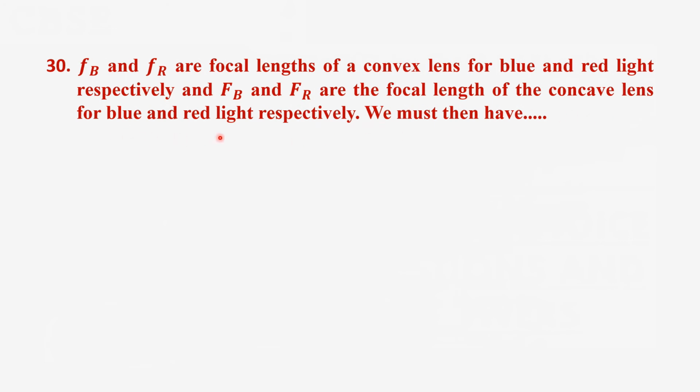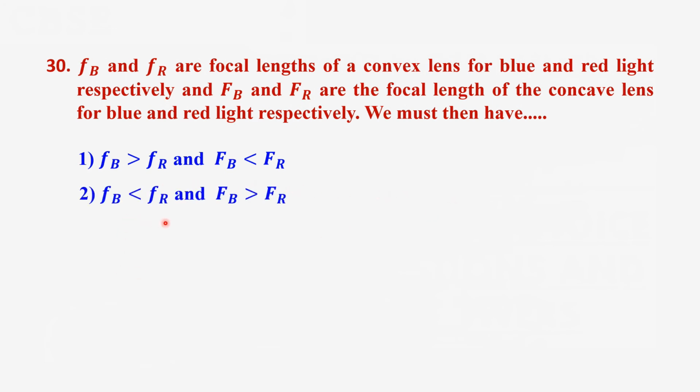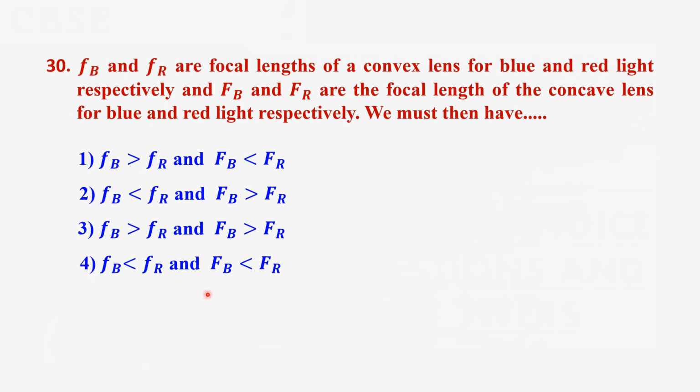We must then have: fb greater than fr and FB less than FR; fb less than fr and FB greater than FR; fb greater than fr and FB greater than FR; fb less than fr and FB less than FR. In these four options, which is the correct one? fb is less than fr.